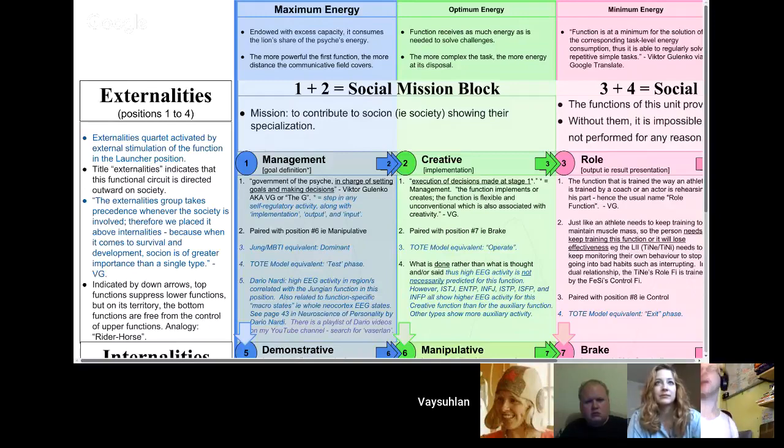And if we compare Fe between you and me, I would say that the ENTP has a greater scope of use of Fe. So the scope of use, and as an externality, all the externality functions tend to have a greater scope of use, whereas the functions in the lower row can be powerful, but they have a smaller scope of use.